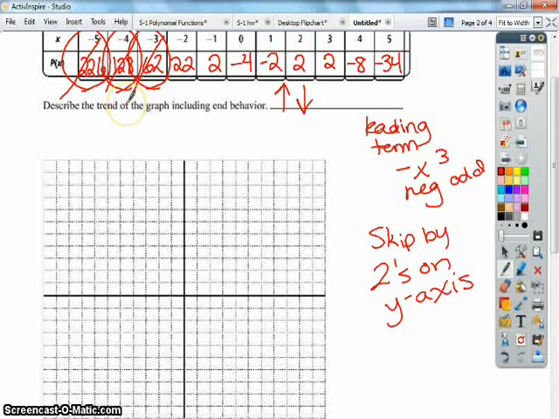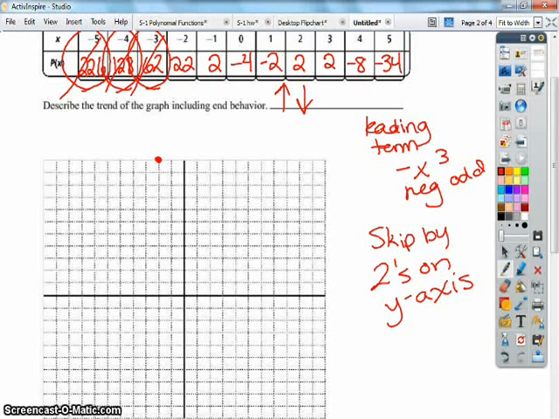I'm not plotting that, it's too obnoxious. Okay? So we're going to start at going left 2, and up 22. But since we're skipping by 2's, I'm going to go left 2, up 11. So over 2, 1. Right there is 11, right at the tippy top of the graph.